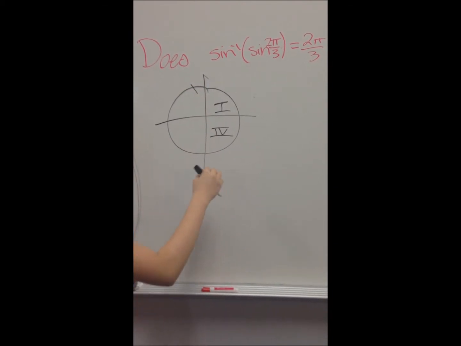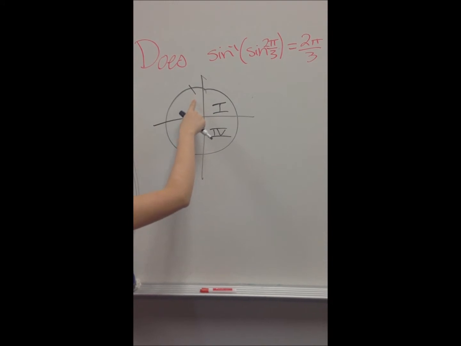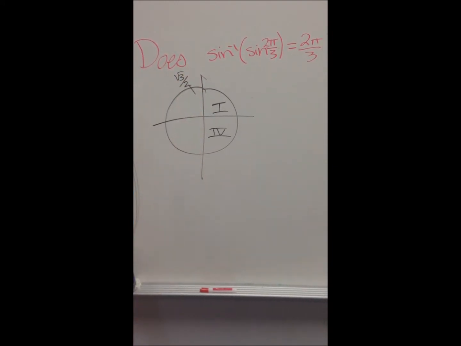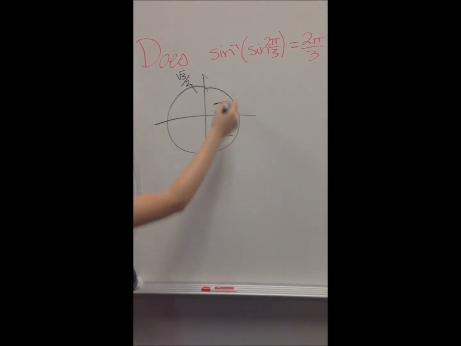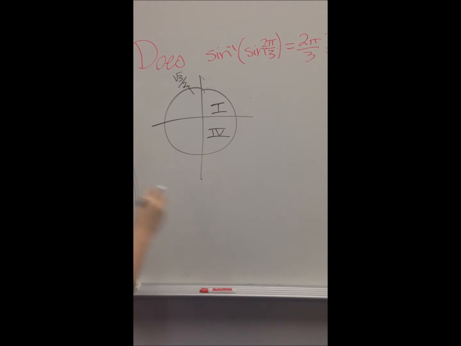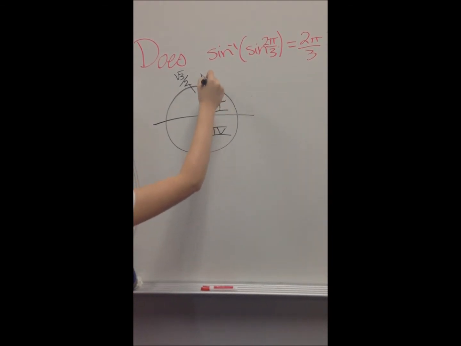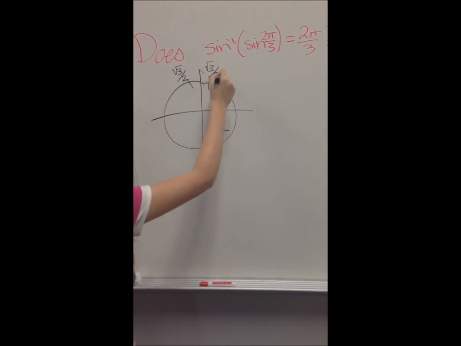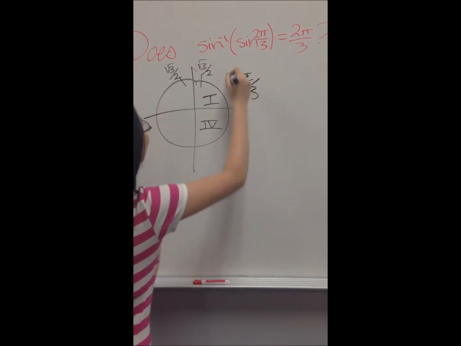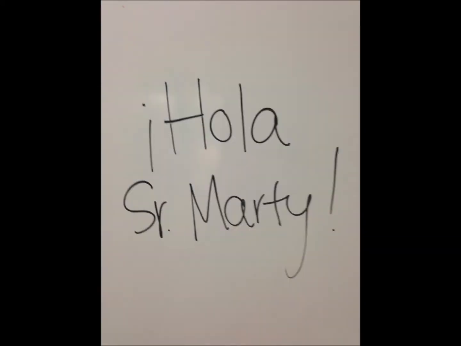So you find the value of sine right here, which is root 3 over 2. Then you think about at what other place over here the y value is root 3 over 2. The answer is right here, which is pi over 3, your final answer.